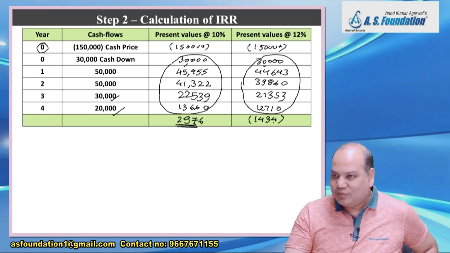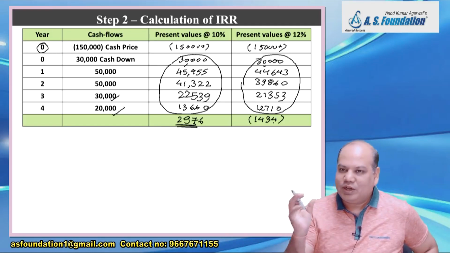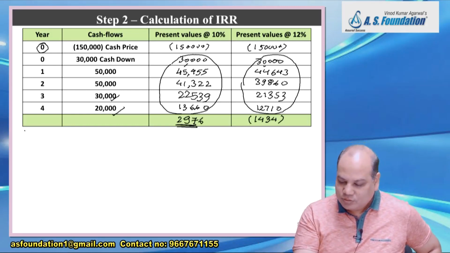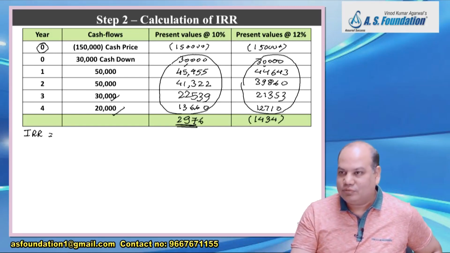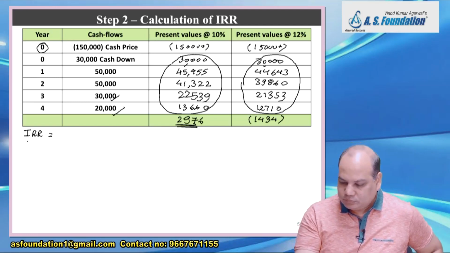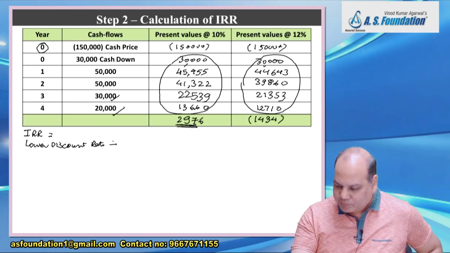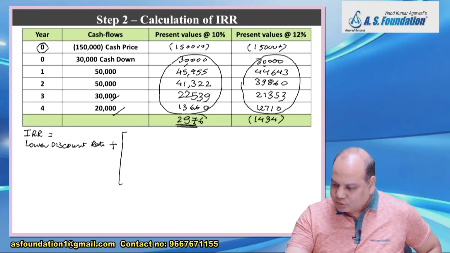So now the role of interpolation formula comes. Is it right? So IRR is equal to, write down, IRR is equal to, everybody write down, lower discount rate plus, this number 2976 is called net present value.